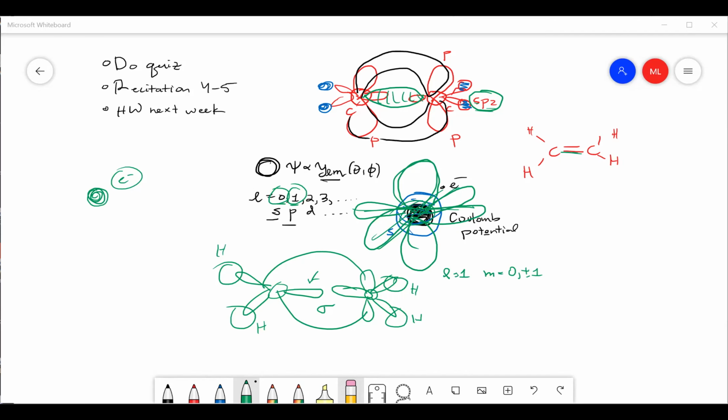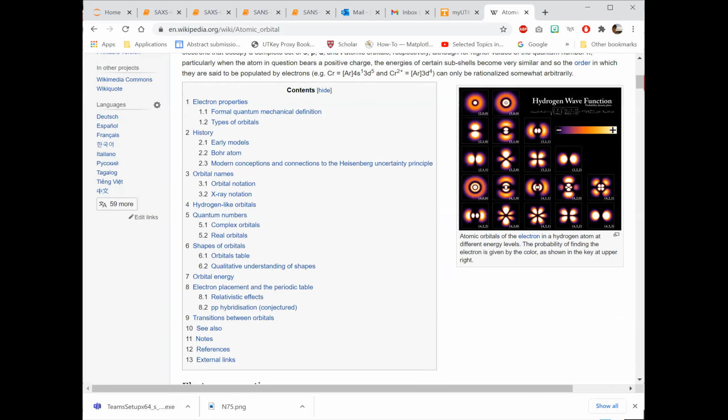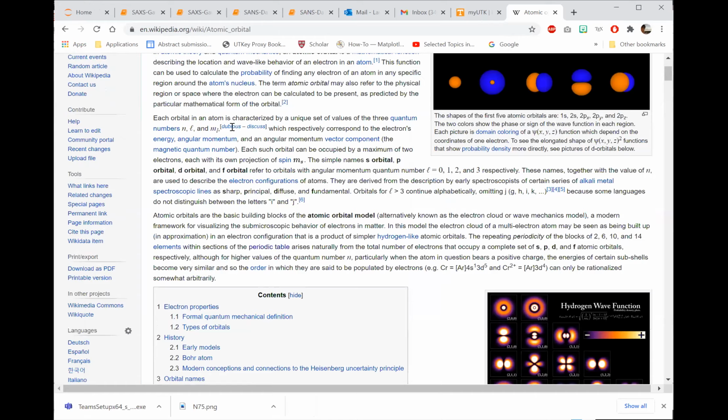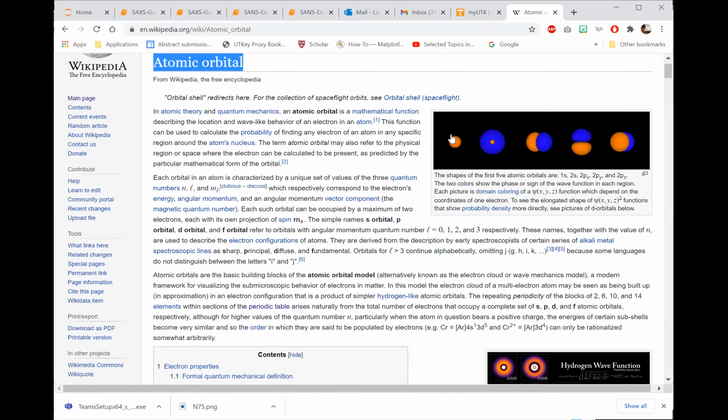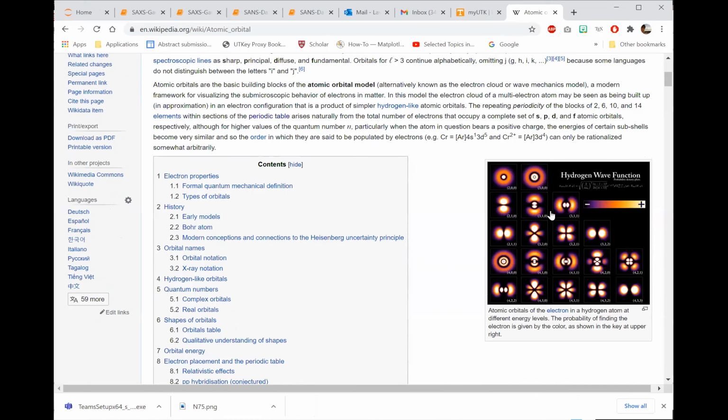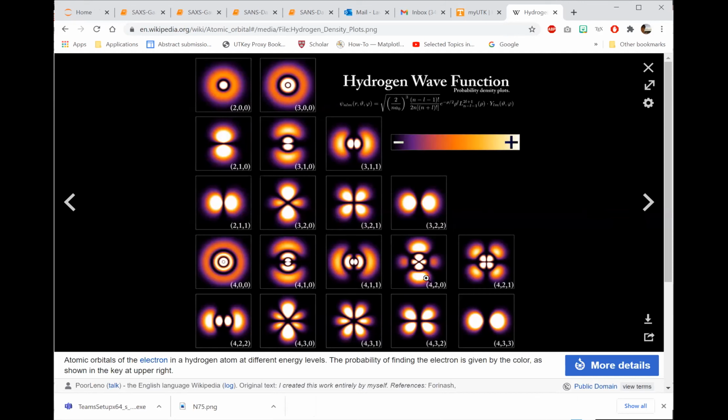You can even look up in the wiki what atomic orbitals look like, and here are the different shapes, the p orbitals and the s orbitals. And here are those hydrogen wave functions that we talked about.